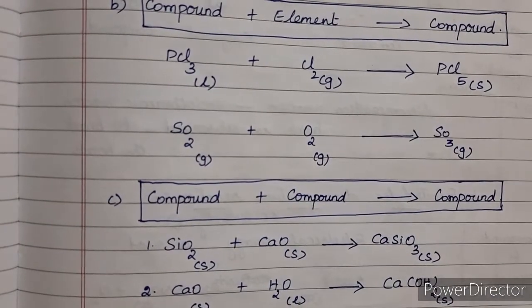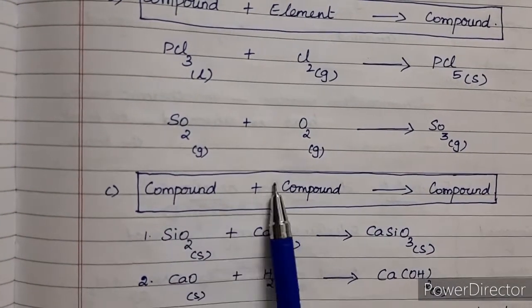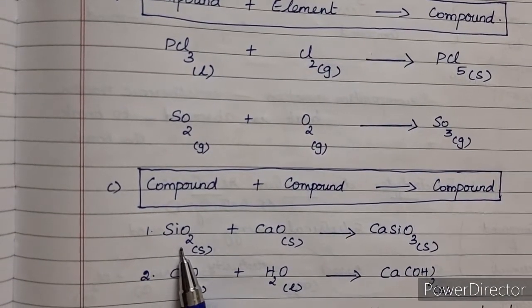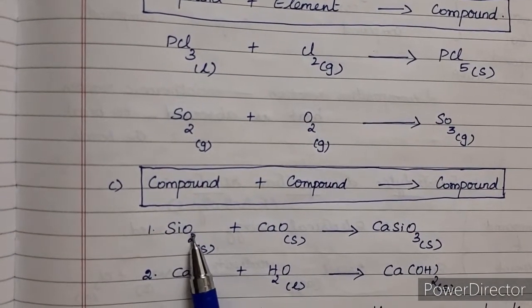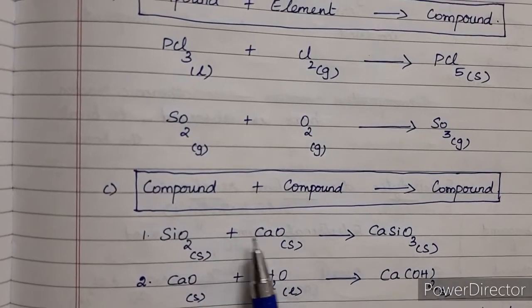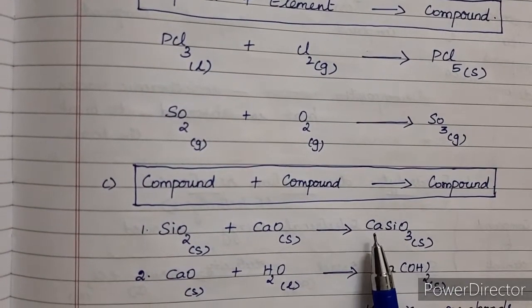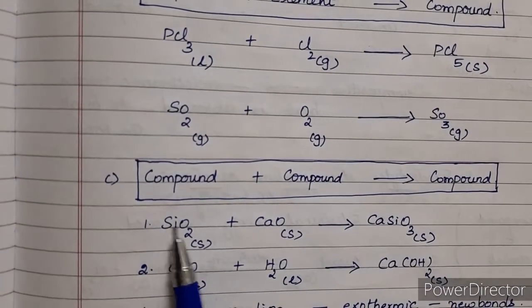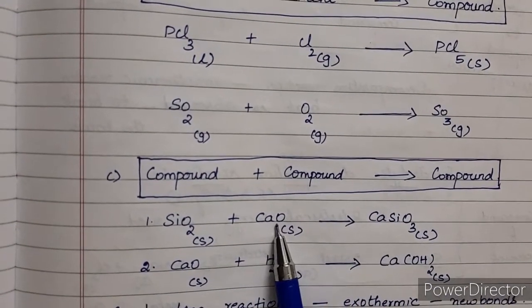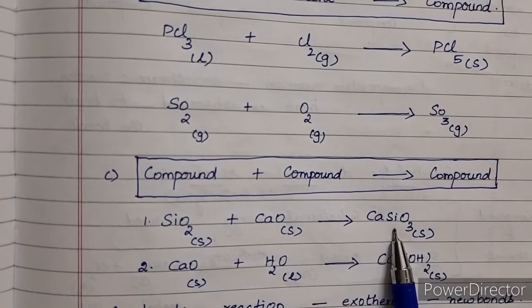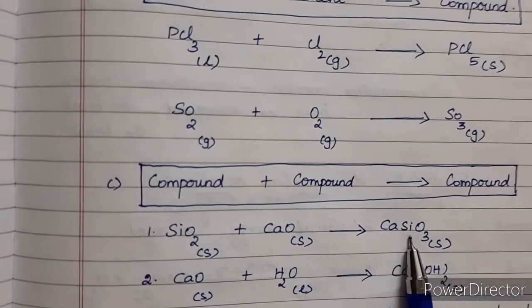Now the next one, the last one, is the compound plus compound gives the compound. Now look into the example, children. Silicon dioxide, that is SiO2, combines with calcium oxide to form calcium silicate, that is CaSiO3. Now this is a compound, combines with the calcium oxide, again a compound, gives the compound calcium silicate, CaSiO3.